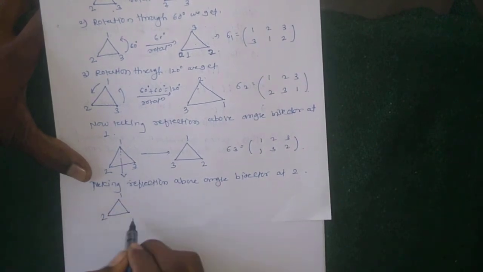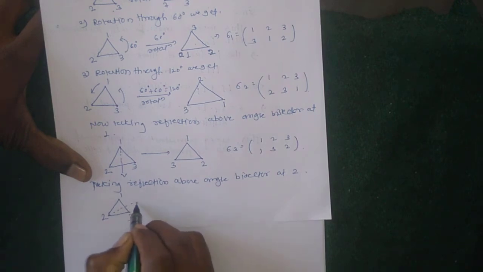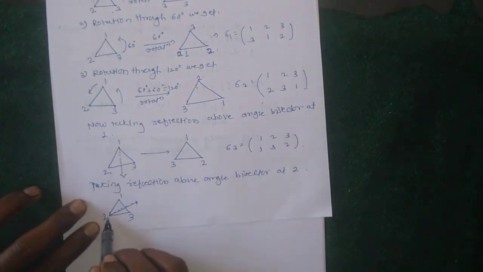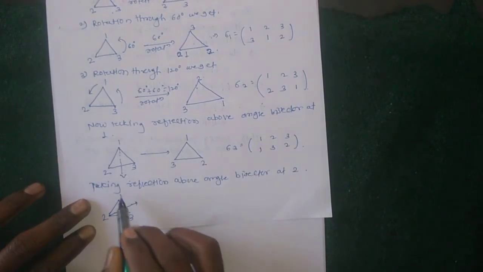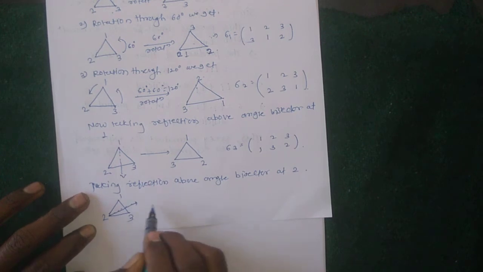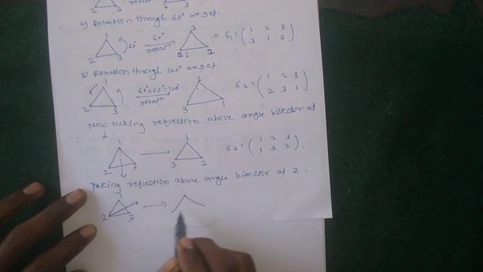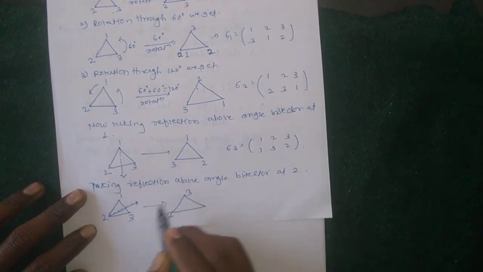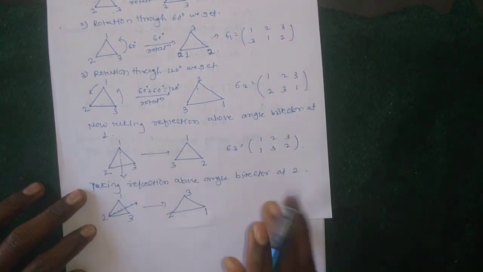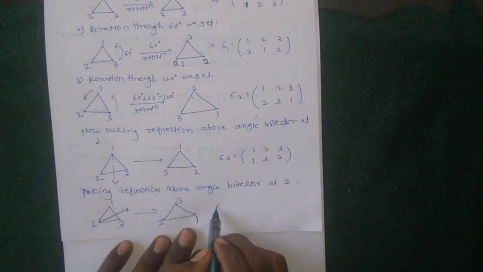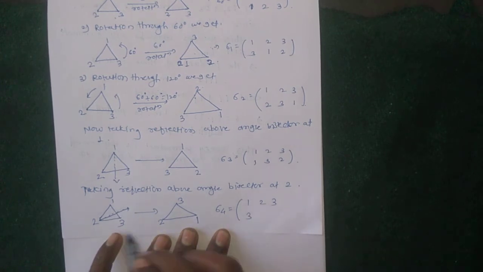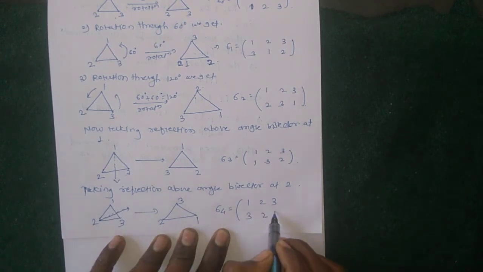If 1 2 3 is bisected at the angle at point 2, then 2 has position 2, only changing the position of 3 and 1, or rather 1 and 3. So we get sigma 4, given permutation 1 2 3: 1 has value 3, 2 has value 2, and 3 has value 1. This is one permutation that exists.